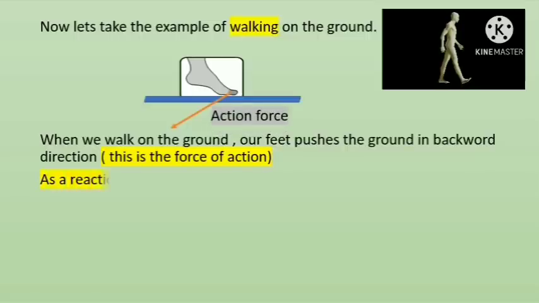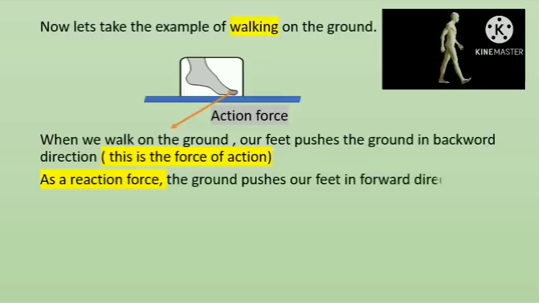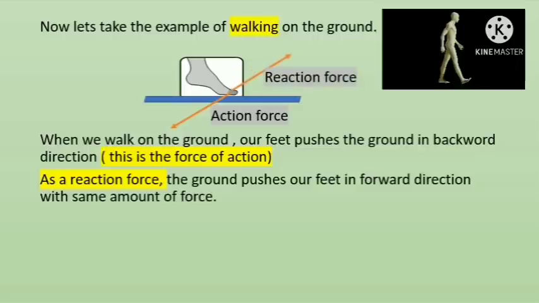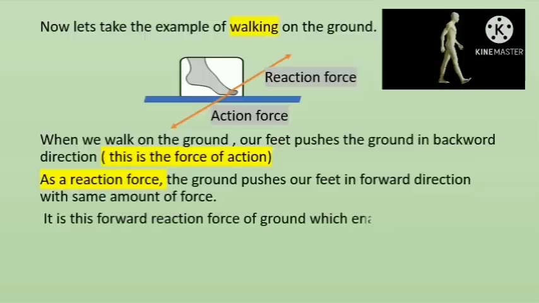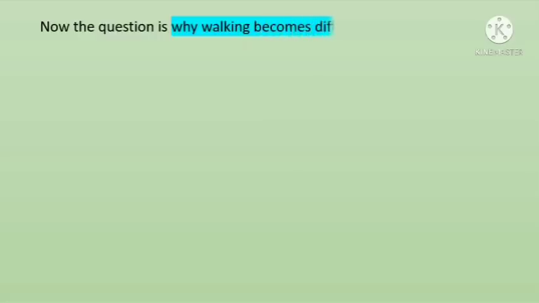As a reaction force, the ground pushes our feet in forward direction with same amount of force. It is this forward reaction force of ground which enables us to walk on the ground. Now the question is, why walking becomes difficult on the ground covered with snow or sand?